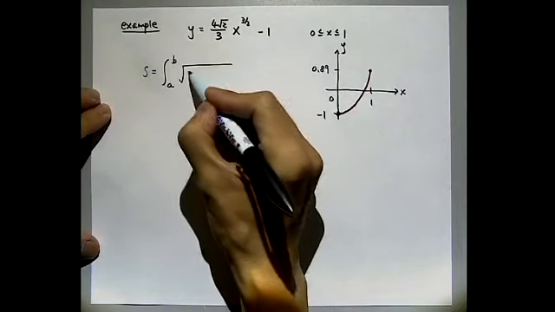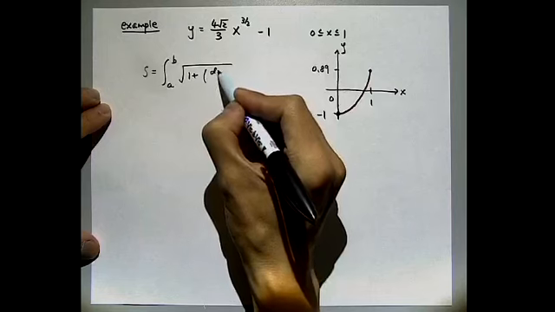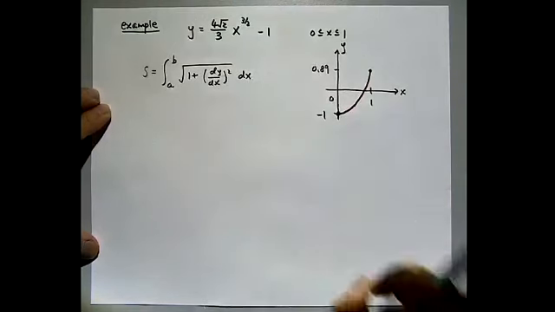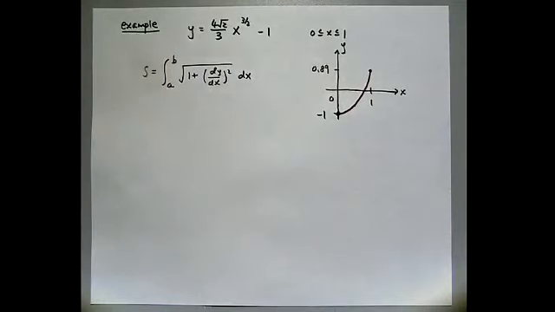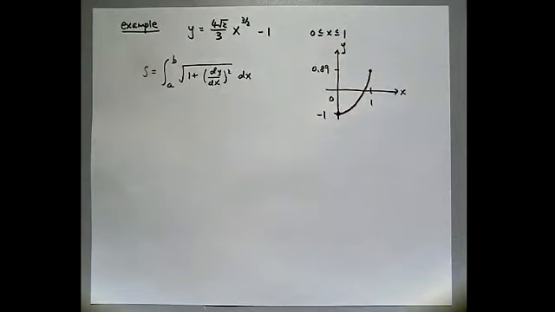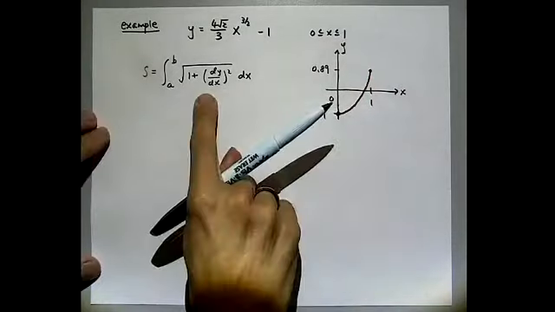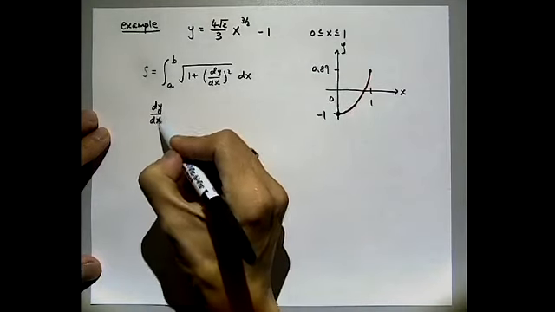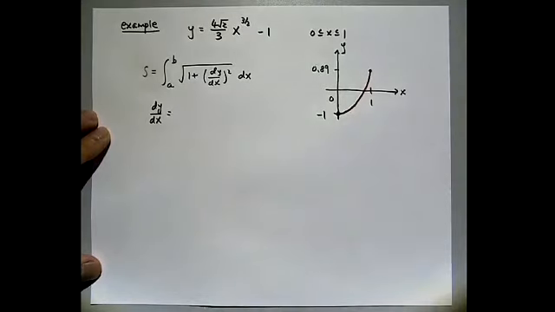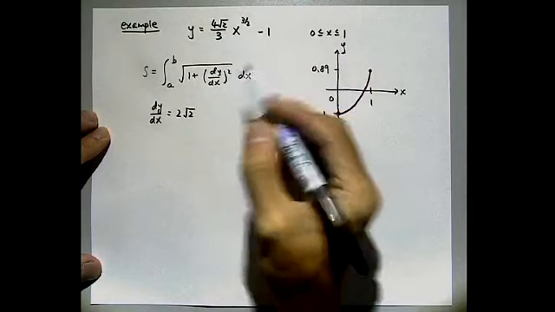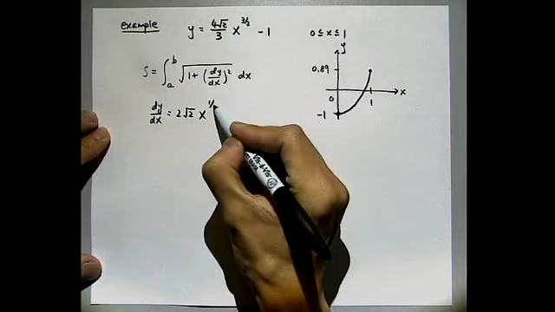And so here's the formula we're going to use, the one we derived just now. We obviously need a derivative, square that, add 1 to it, and then square root. It looks pretty complicated, but oftentimes this will end up being quite simple to integrate. Okay, so derivative. 2 radical 2 x to the 1/2.